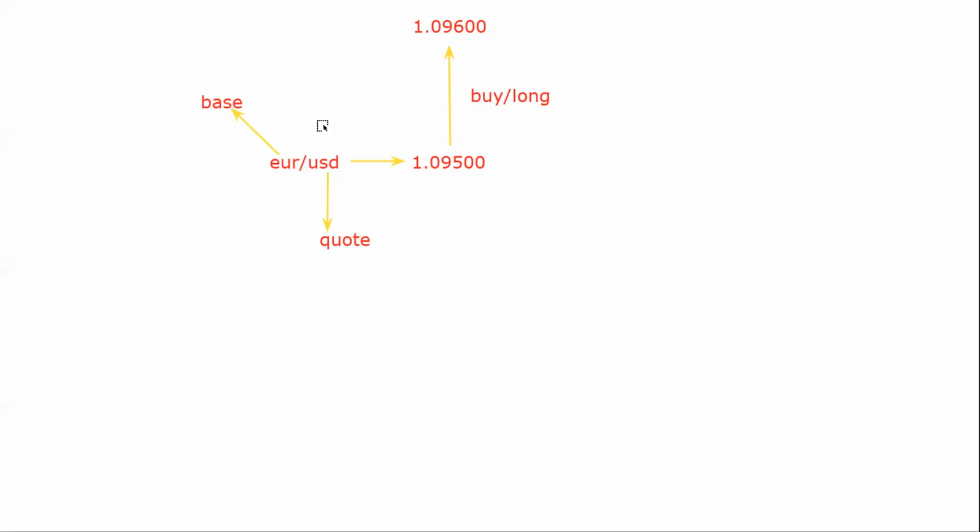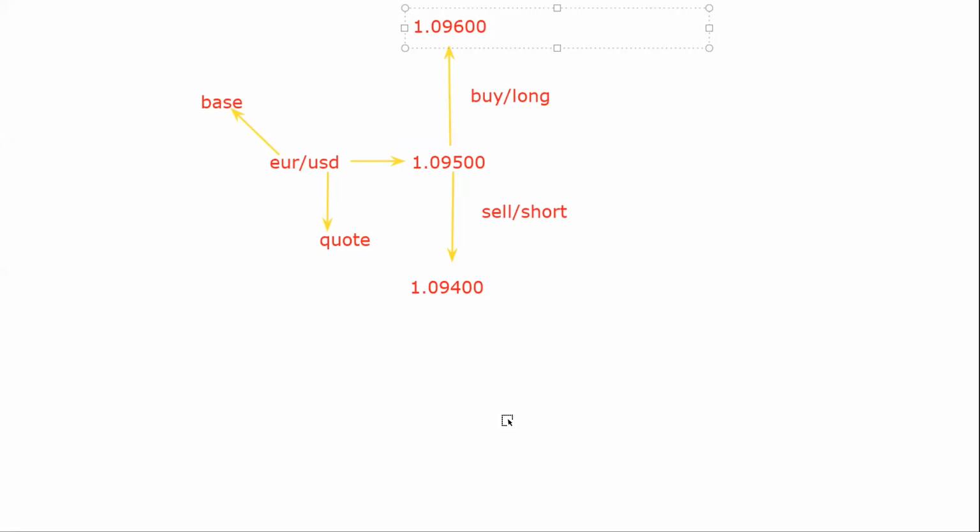And if we anticipate that the exchange rate is going to go down, let's say from 1.09500 to 1.09400, it means we sell or go short, which means we sell the currency that we anticipate is going to depreciate in value, and we buy the one that is going to get stronger.